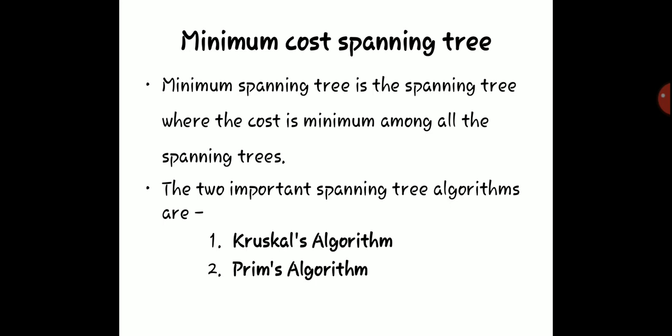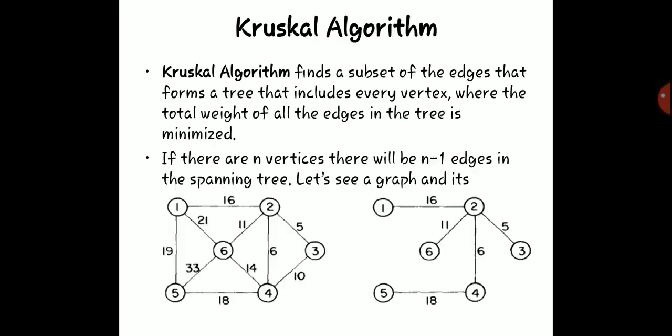Okay, so we have 2 algorithms, Kruskal and Prim, right? Now we are going to see Kruskal's algorithm. We are not going to see Prim's algorithm. Kruskal's algorithm picks up the edges, right? So Kruskal's algorithm finds a subset of edges that form a tree.